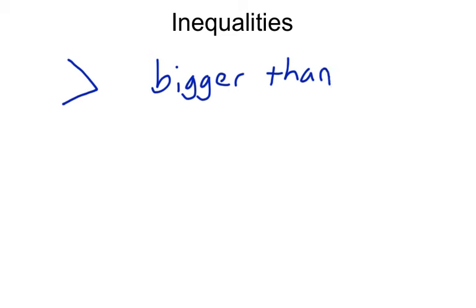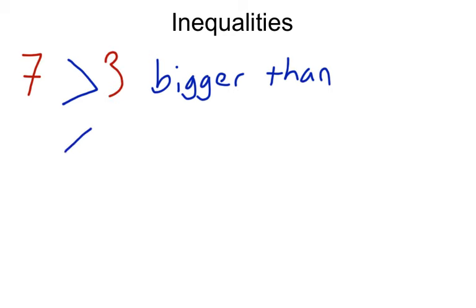symbols. We have this symbol, which means bigger than or greater than, and the bigger number always goes next to the open side of the symbol. So we might have, for example, 7 is bigger than 3.